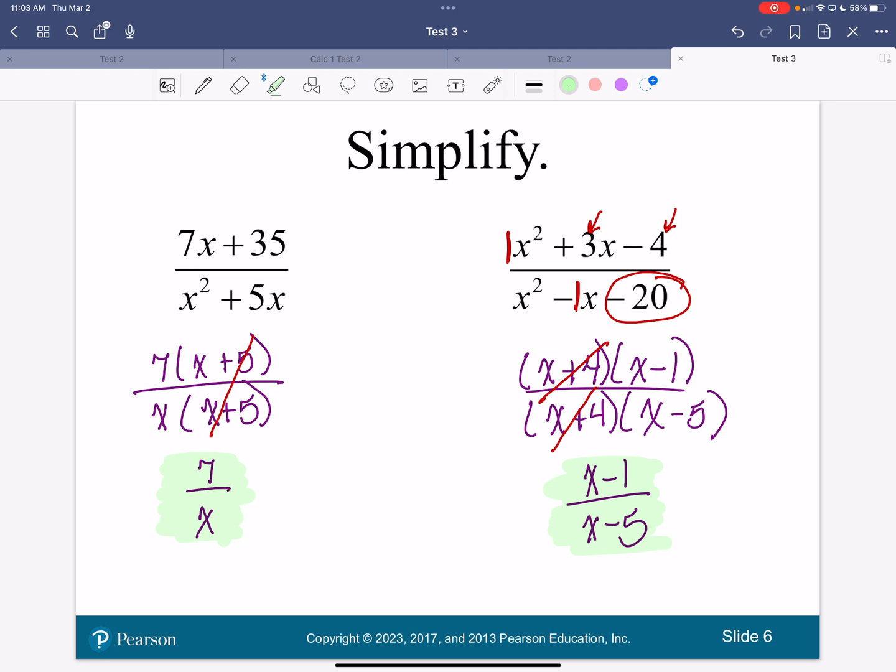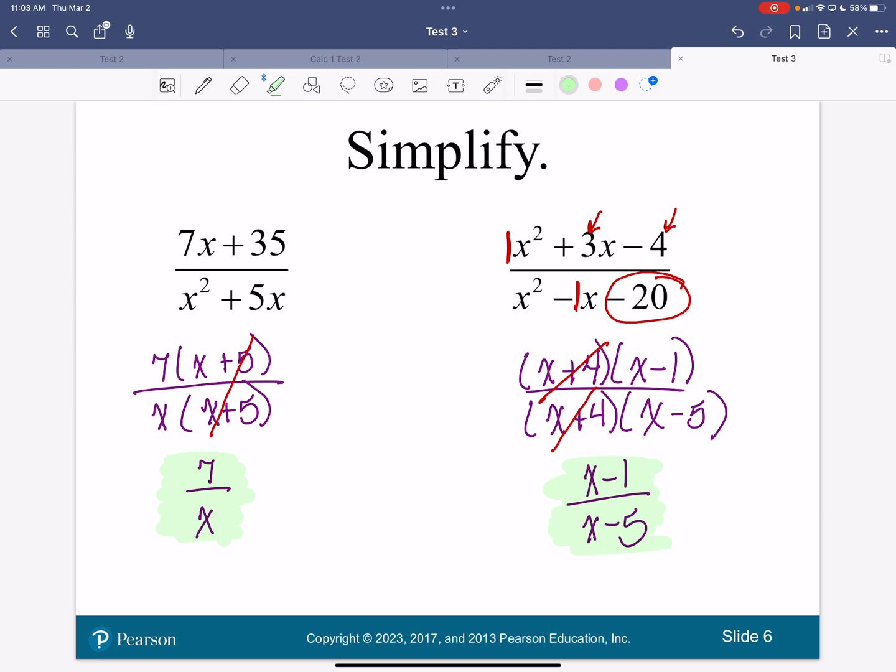I'll have your tests graded in the next couple of days, and that'll give you a really good idea. But factoring is so important, so, so important. Okay, and I know I told you that during our factoring unit, but now you can really see the difference that it makes.